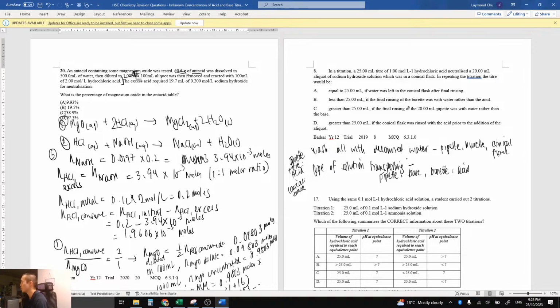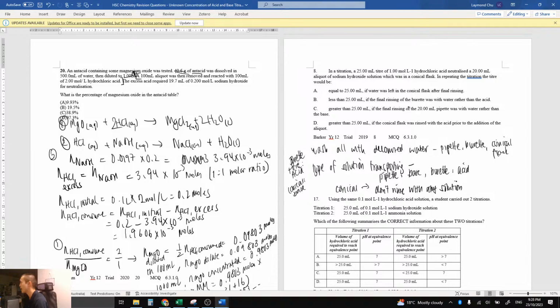Because we're transporting, we want the exact amount of moles in there. That's why we rinse. For example, the conical flask: we're not transporting anything with the conical flask. The conical flask is the destination of the titer. So for this conical flask, we don't rinse with any solution.